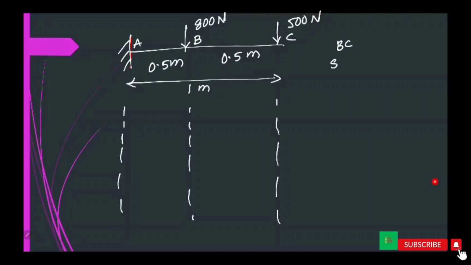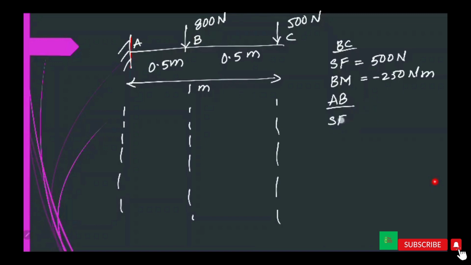For BC, shear force is 500 Newton and bending moment is minus 250 Newton meter. For AB, shear force is 1300 Newton.